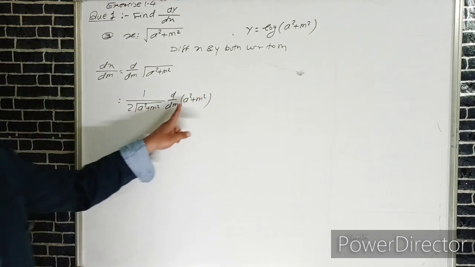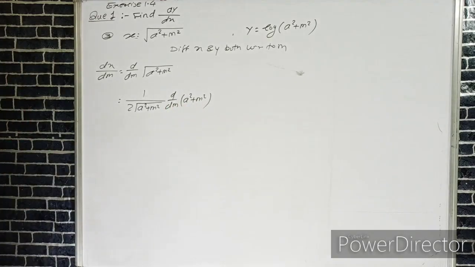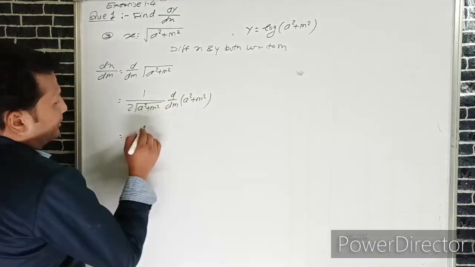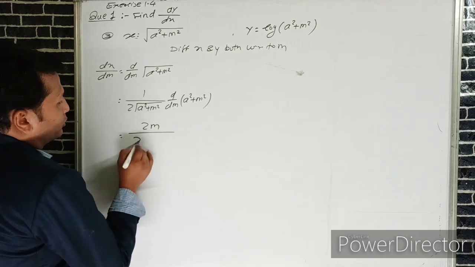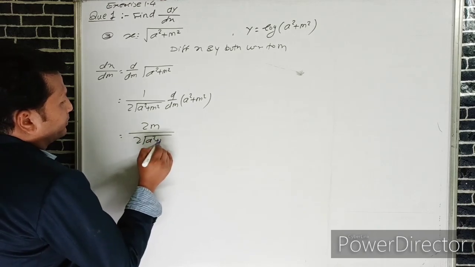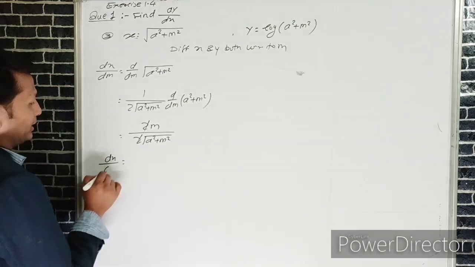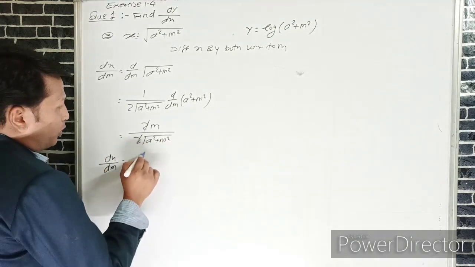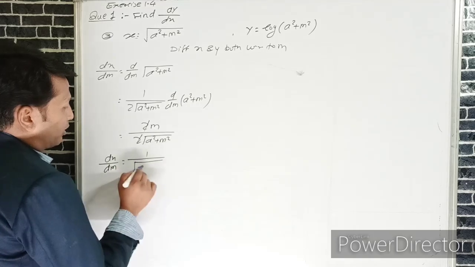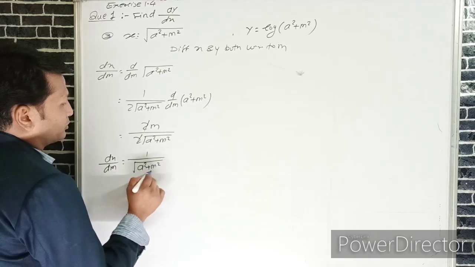As compared to m, a is a constant, and the derivative of m square is 2m, so we can write 2m upon 2 under root of a square plus m square. Here the 2s cancel, we get dx upon dm is equal to m upon under root of a square plus m square.